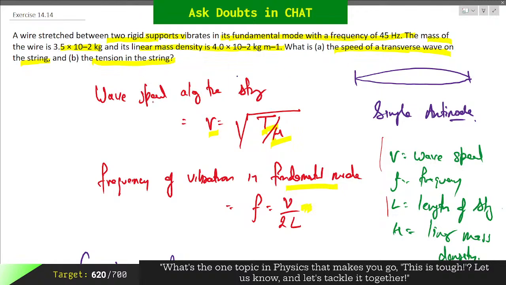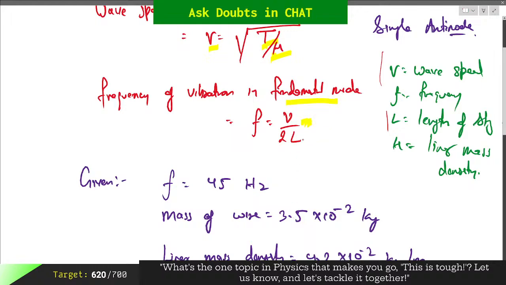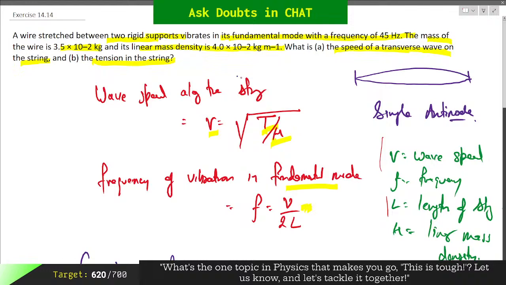We know that the speed of a wave on the string is given by the formula v equals under root T by mu, where mu is the linear mass density and T is the tension. Now the frequency of vibration in the fundamental mode would be given by v by 2L, where L is the length of the string and v is the speed. So here we have to find out the speed of the transverse wave and the tension.